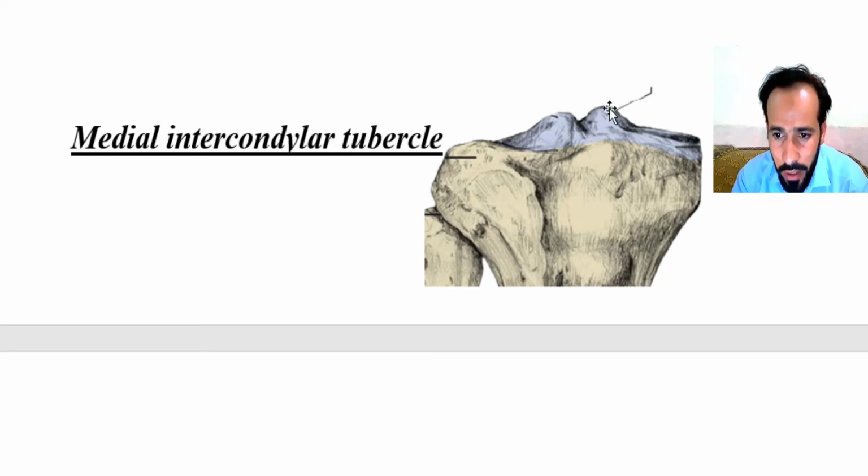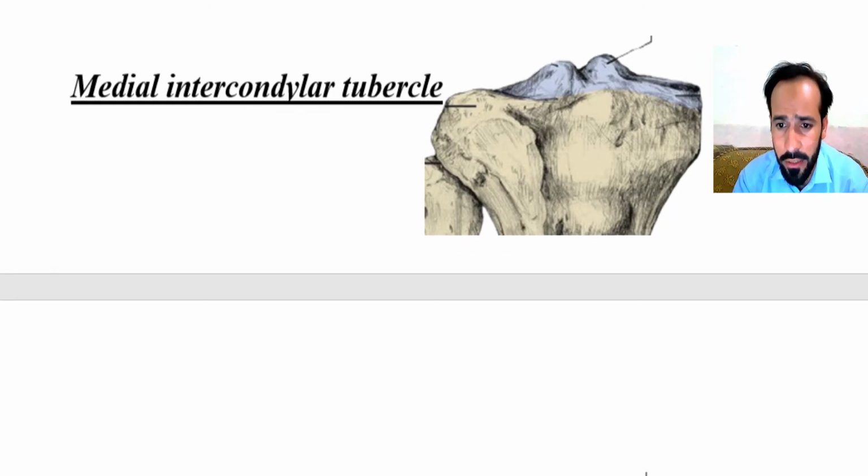So if you follow my pointer, this is the medial, as it is located on the medial side, right? This is the fibula bone. You know that fibula is located laterally, right? So this will be the medial side of this bone, and this tubercle which is present in between the two condyles is called the medial intercondylar tubercle, and here we have the lateral intercondylar tubercle, right?